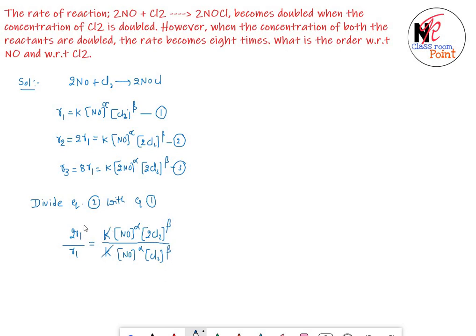Now K values cancel out, R1 cancels out, NO power alpha cancels out. In this case we get 2 power beta, Cl2 power beta cancels out, and finally 2 power beta is left behind.